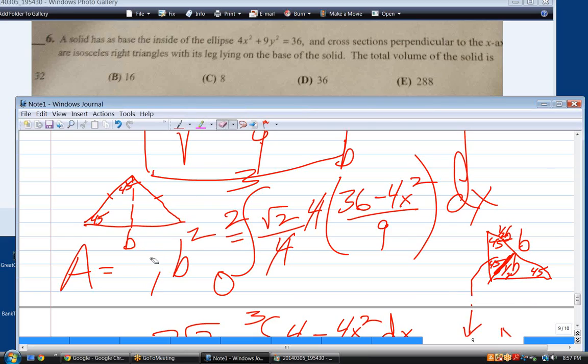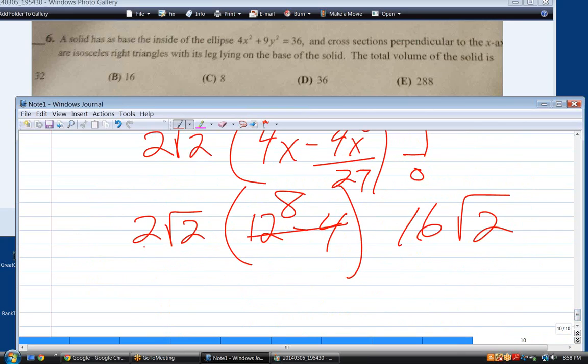So it would be 1/4, not root 2 over 4 times b squared. That takes care of my problem, so 16 is the answer, because I had a root 2 in there that shouldn't have been in there. And if I take my root 2 out, then my answer is 2 times 8, or 16. Okay.